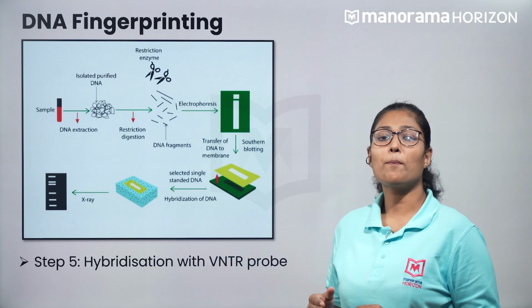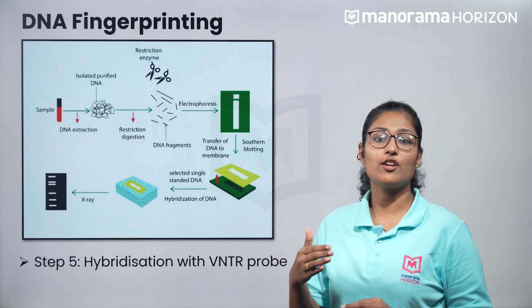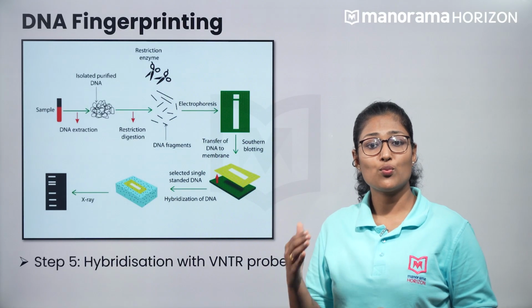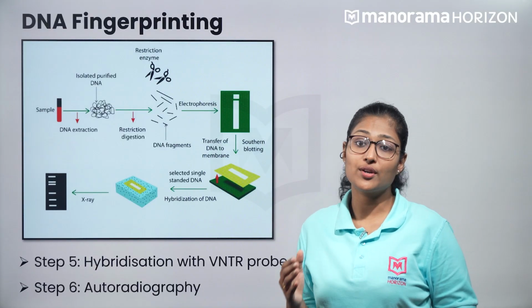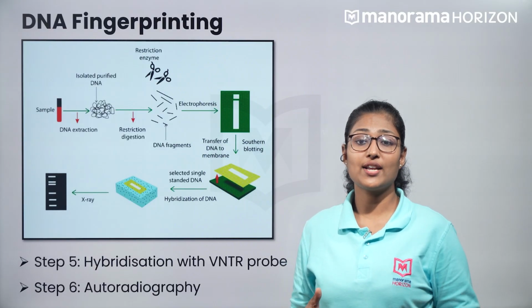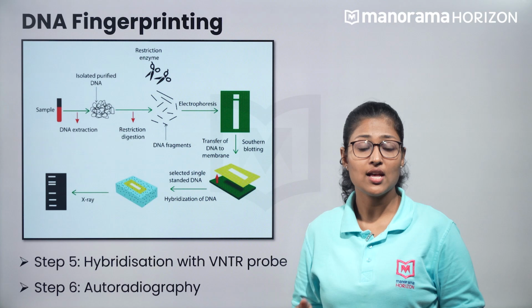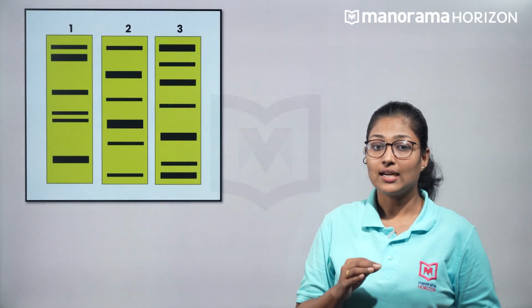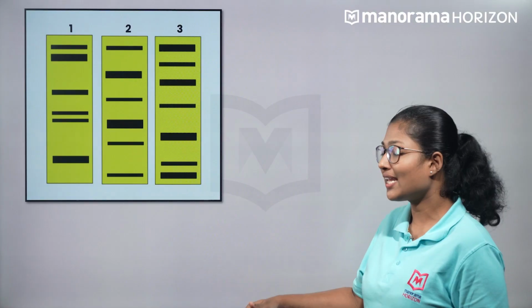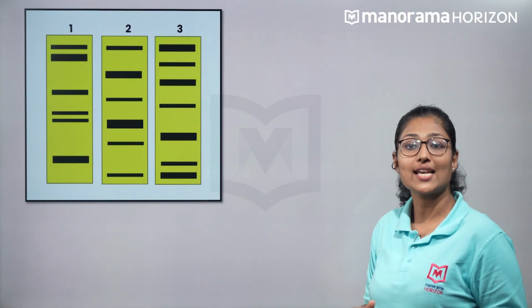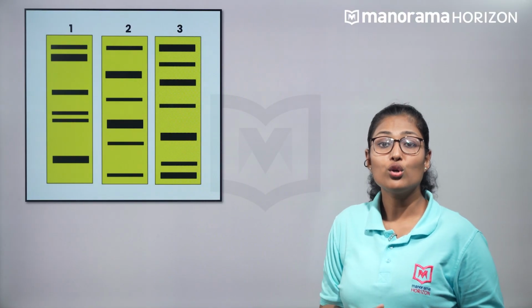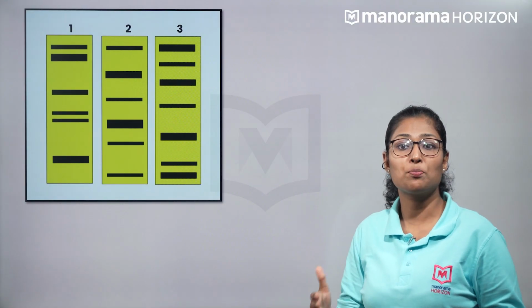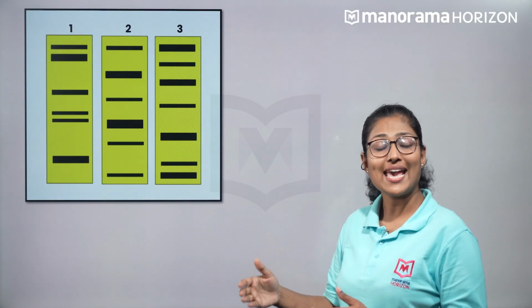Since the number of copies of a VNTR present on different chromosomes of an individual varies, if the membrane is visualized using autoradiography after the hybridization of DNA fragments on the membrane with a radio-labeled VNTR probe, DNA appears as a series of bands of different sizes on the gel. In autoradiography, the membrane is washed to remove the excess probe and then exposed to X-ray film.